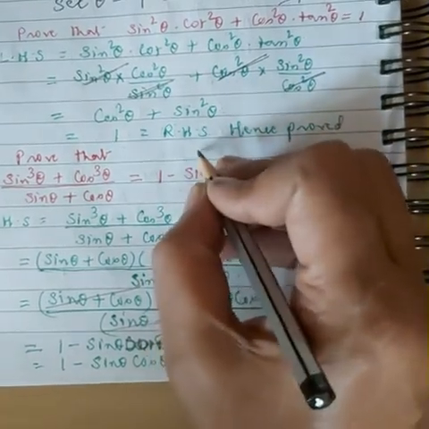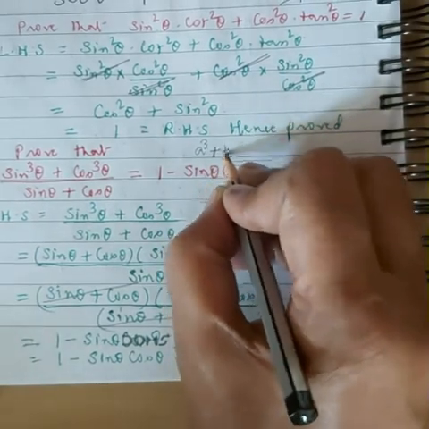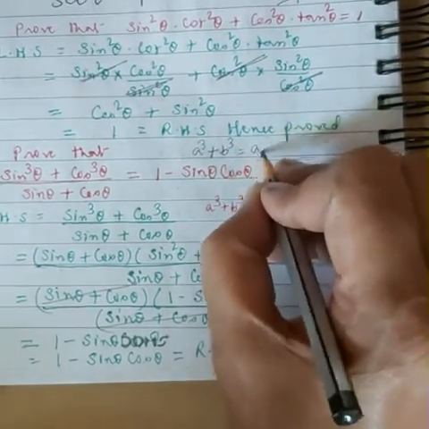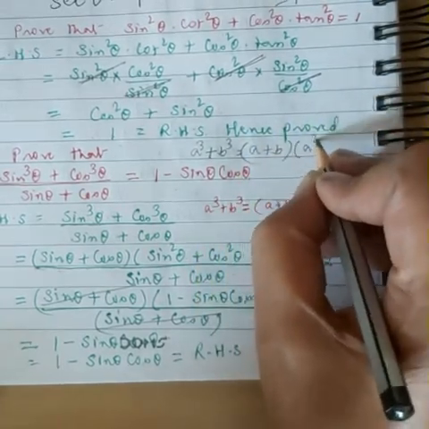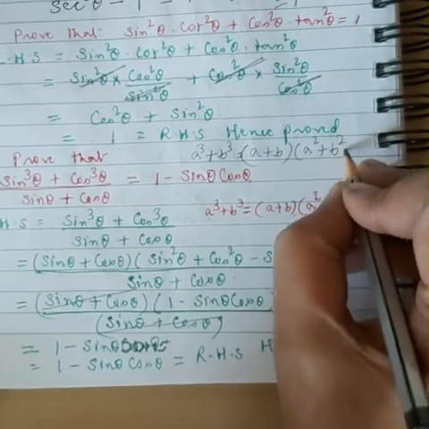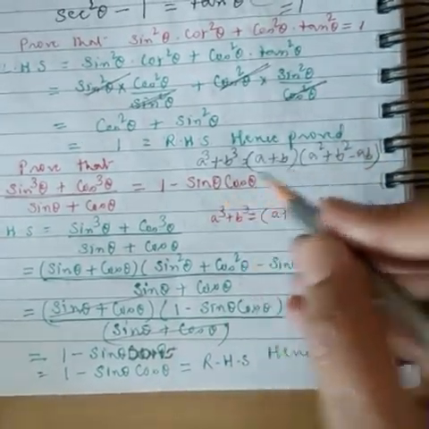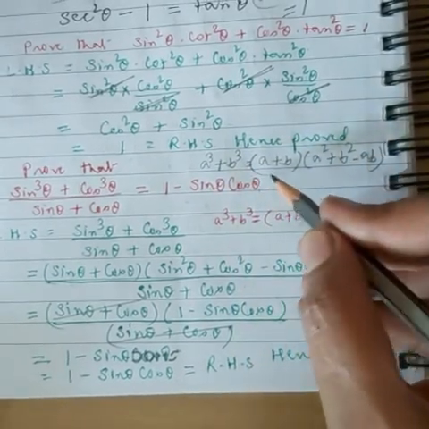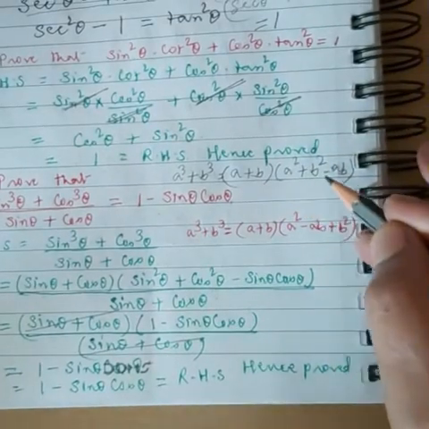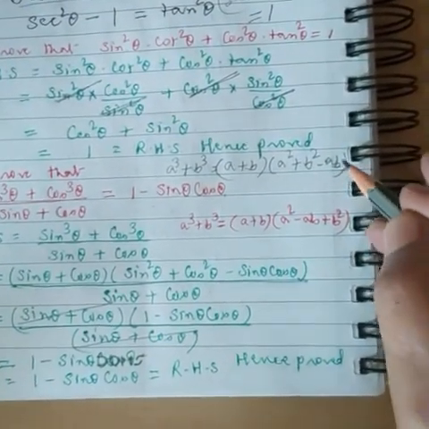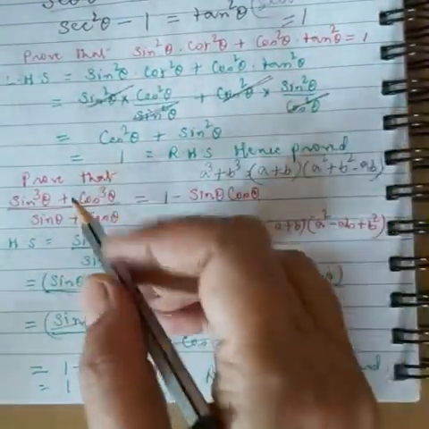What was that identity? a cube plus b cube is equal to a plus b into a square plus b square minus ab, not 2ab, minus ab. So a cube plus b cube is equal to a plus b multiplied by a square plus b square minus ab. So this identity we are going to use in proving this identity.